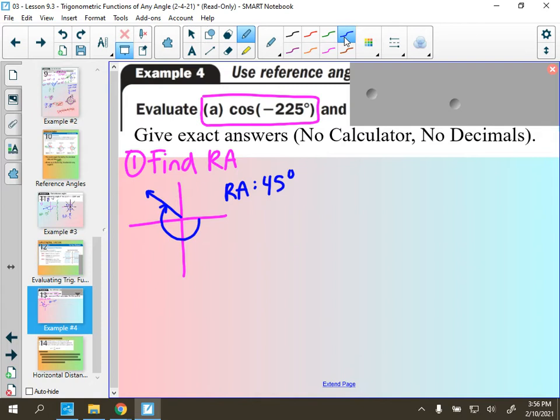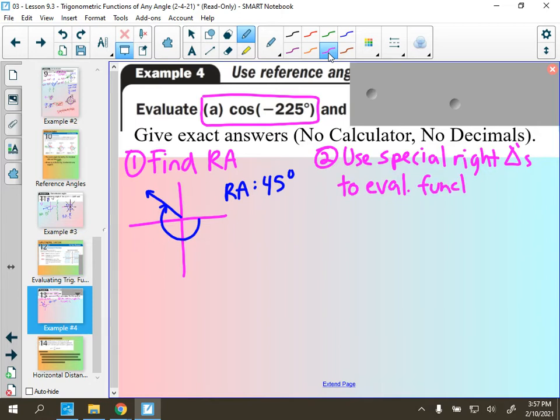Step 2. All right, cool. It's not bad. We can do that. We just practice it. It's kind of a loaded step 2, but let's use our special triangles to evaluate the function.